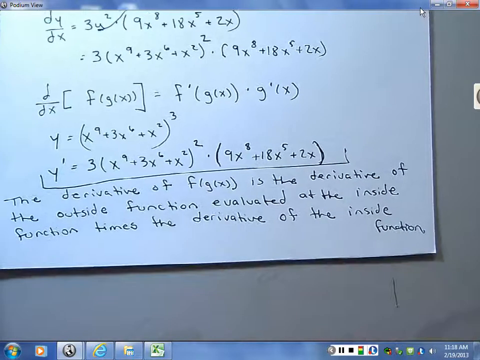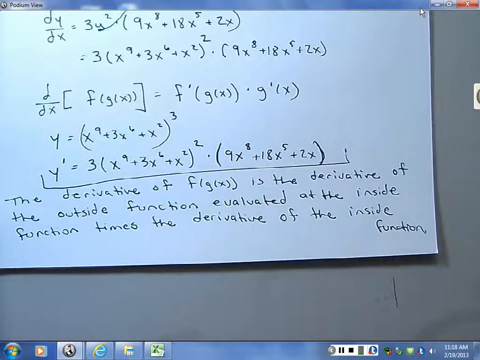So I have the derivative of the outside, hold the inside, times the derivative of the inside.